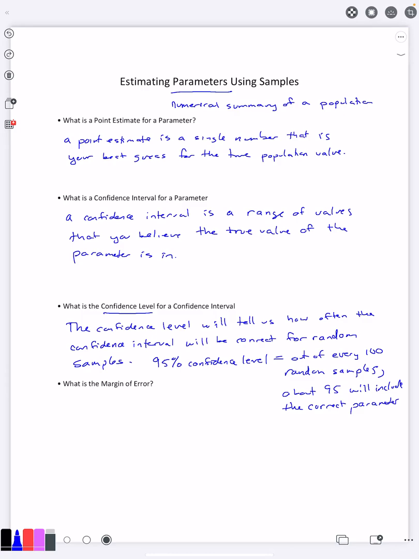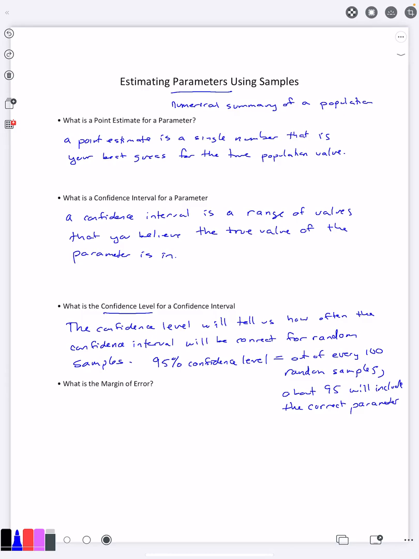So if you were to repeat the process that we're going to learn about for finding a confidence interval, you take 100 different samples, you create 100 different confidence intervals, each at the 95% confidence level. That means out of those 100 confidence intervals, about 95 of them are actually going to have the right answer somewhere in that range. So maybe your first confidence interval is somewhere between 5'8" and 6 feet.